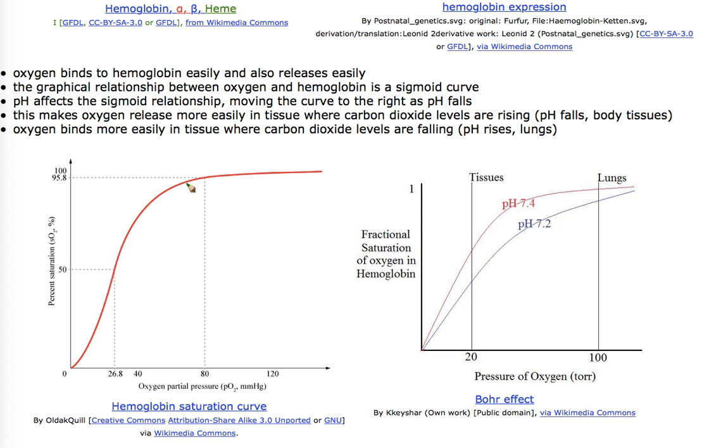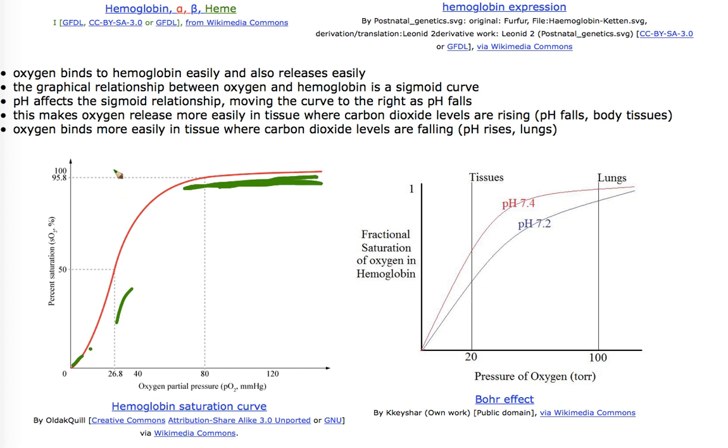Each hemoglobin molecule can carry four oxygens. Once a hemoglobin molecule has three oxygens, it actually doesn't grab the fourth oxygen as aggressively. And as a result, we describe this with this part of the graph flattening out here. So hemoglobin molecules do not grasp oxygen in a linear fashion. If a hemoglobin molecule is empty, it aggressively grabs the first oxygen, the second, and the third, but not the fourth.